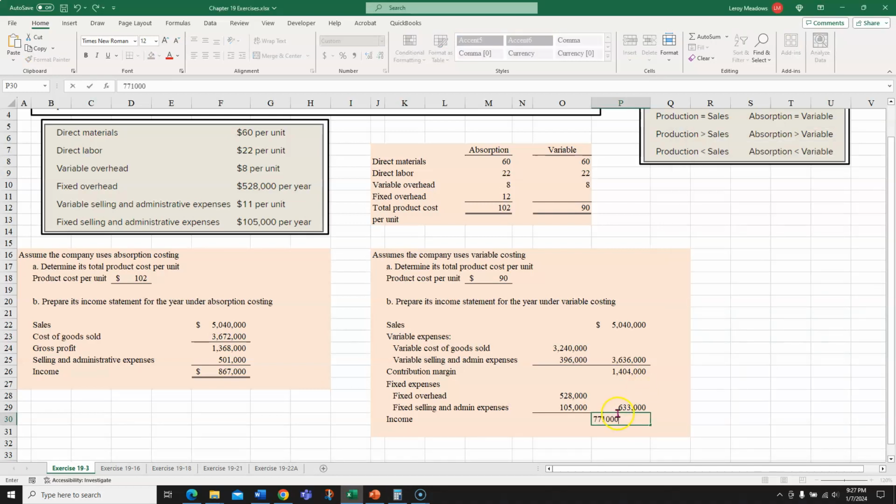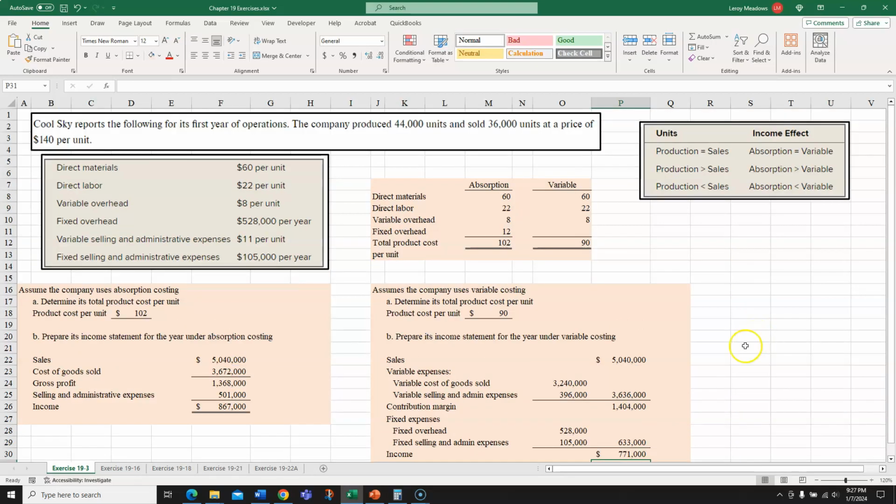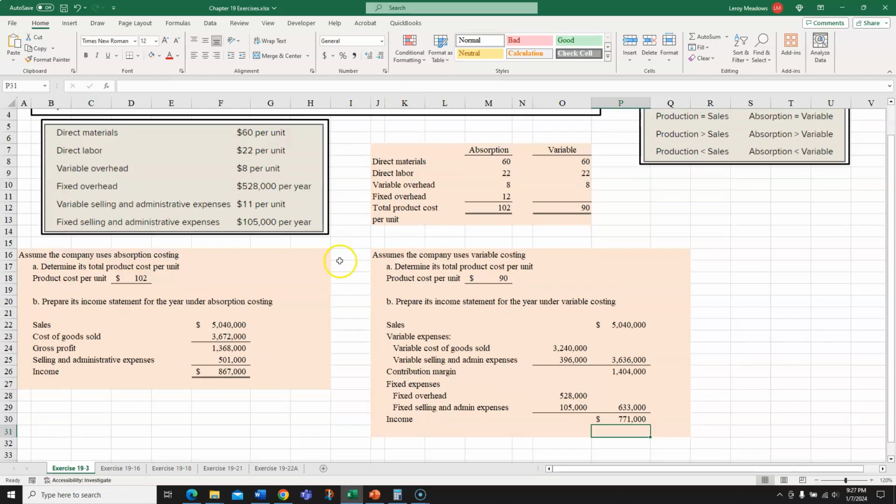Now, we know that under absorption costing, my operating income is going to be greater. We already know this for one reason: production is greater than sales. I produced more than I sold, so my operating income is going to be higher. Why is it higher?